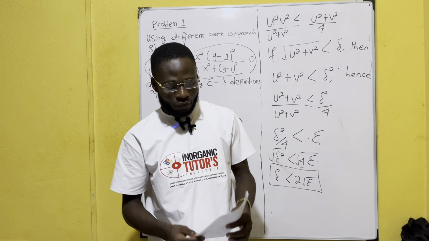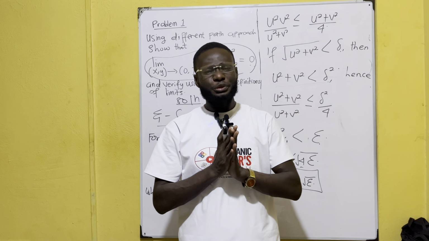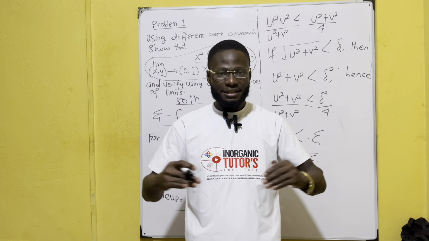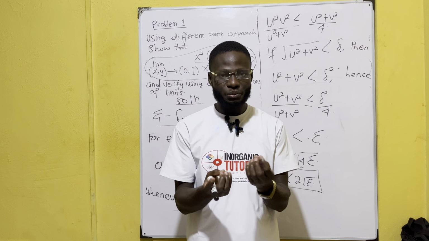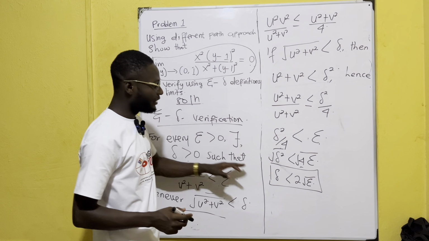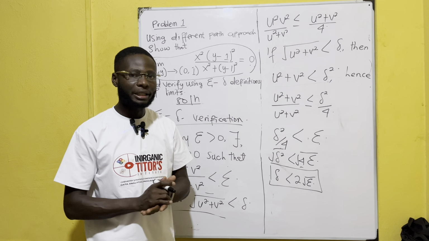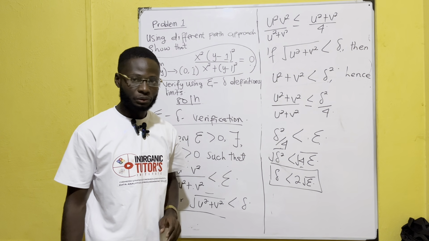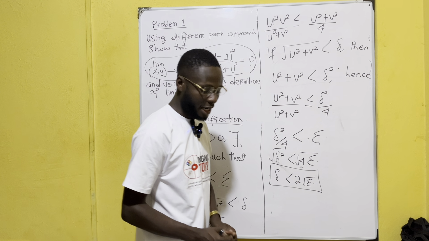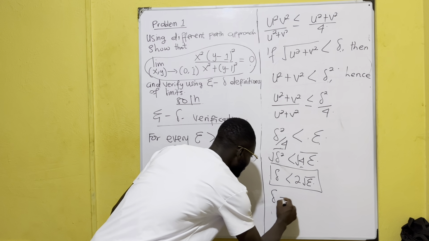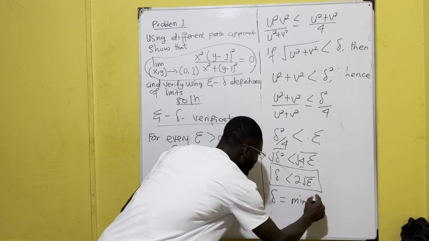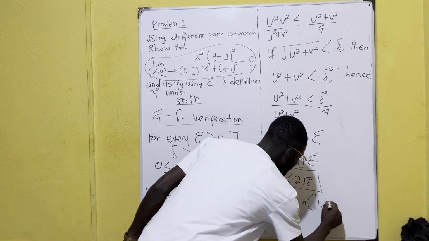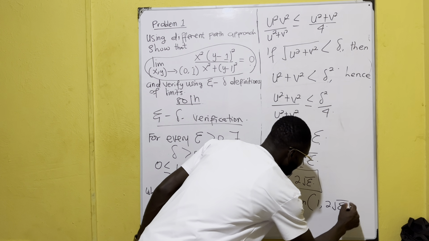Okay, so let's pick a very small number, a minimum number that will make sure it works within the definition. We are going to pick delta to be the minimum of 1 and 2 times the square root of epsilon.